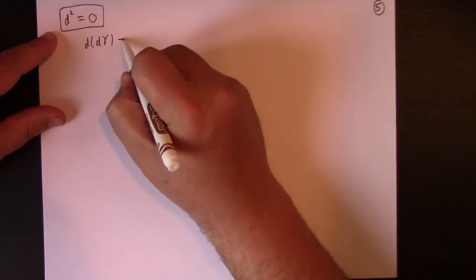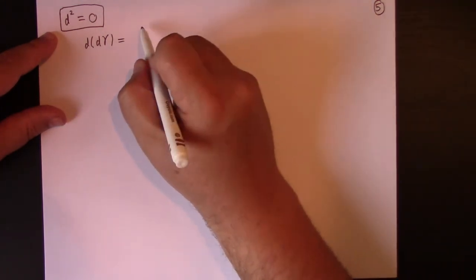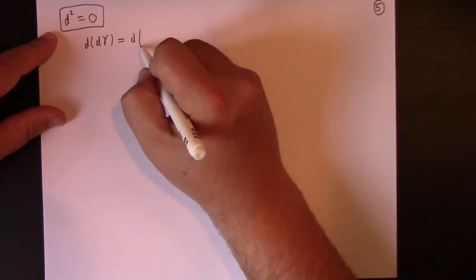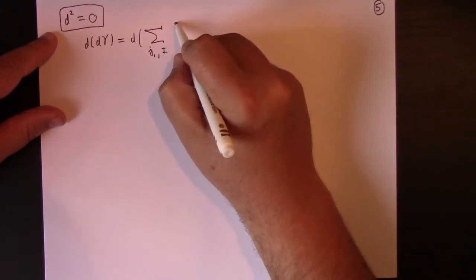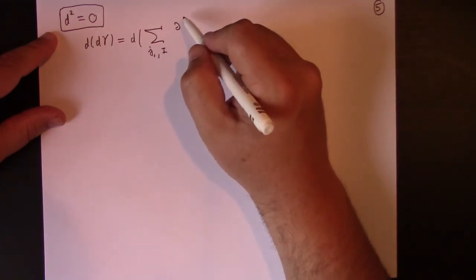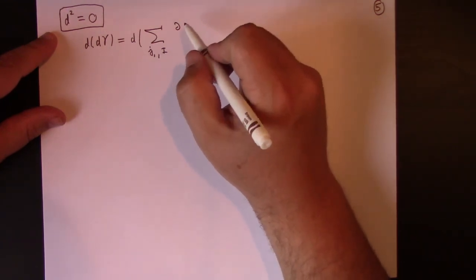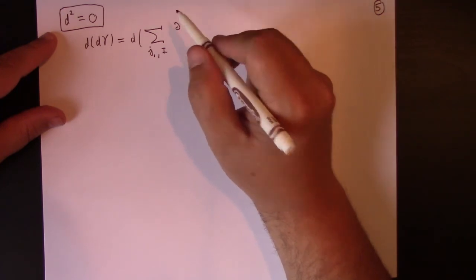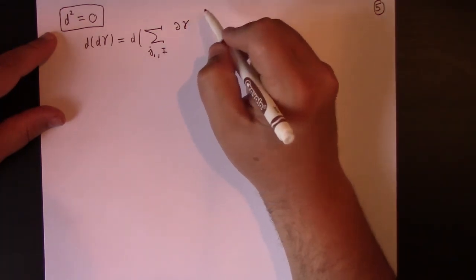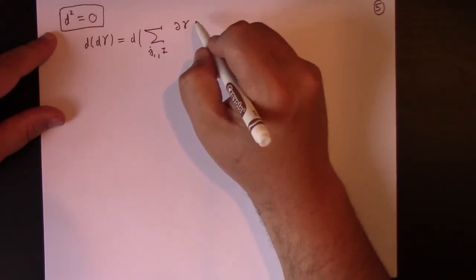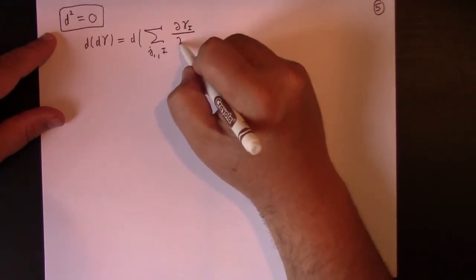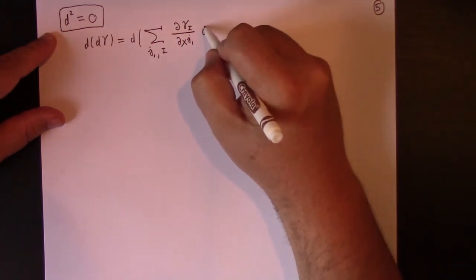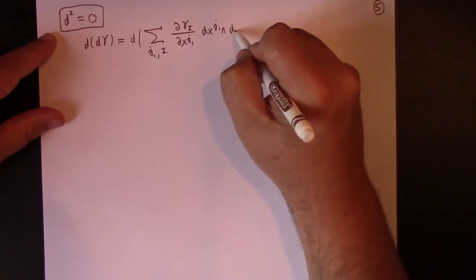And what that is, that's d of the sum, I'm going to use the multi-index notation, let's say j1 and then I. And so that's like partial, and if you don't mind, I'm just going to skip the factorial coefficient here and assume it, this requires some interpretation, all right? So partial gamma I, partial xj1, and you have dxj1 wedge dxI. All right, great.